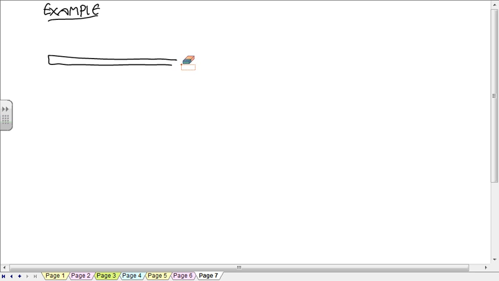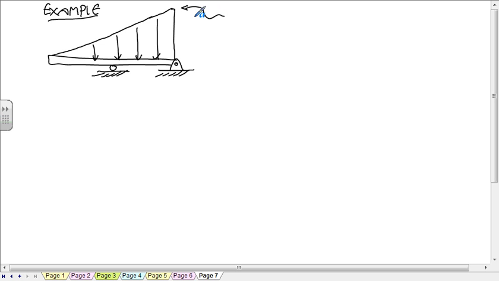Actually, let's say that there is a pin joint over here and a roller at the midpoint, and a triangular distributed load where at its highest point you have a distributed load of 10,000 newtons per meter.